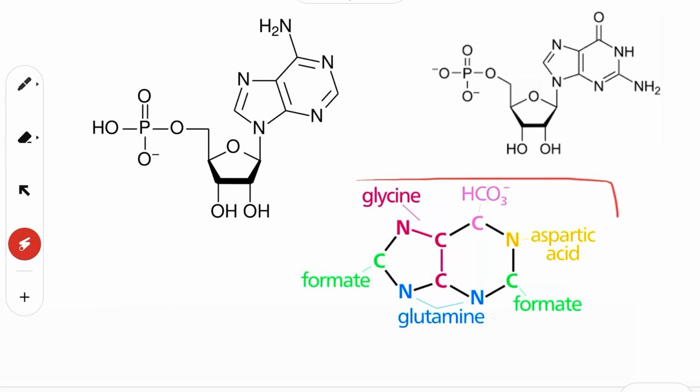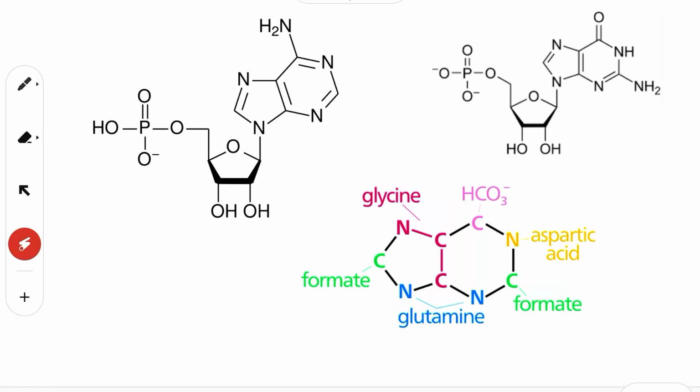This is the figure that represents the donor of each atom of the purine nitrogen base. If we number the atoms in this ring as 1 2 3 4 5 6 7 8 9, then N1 and N9 are donated by glutamine, which is an amino acid.